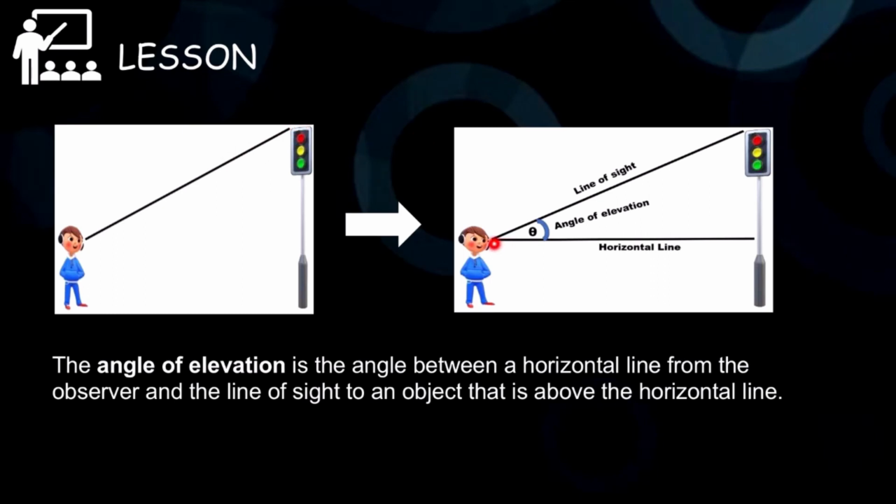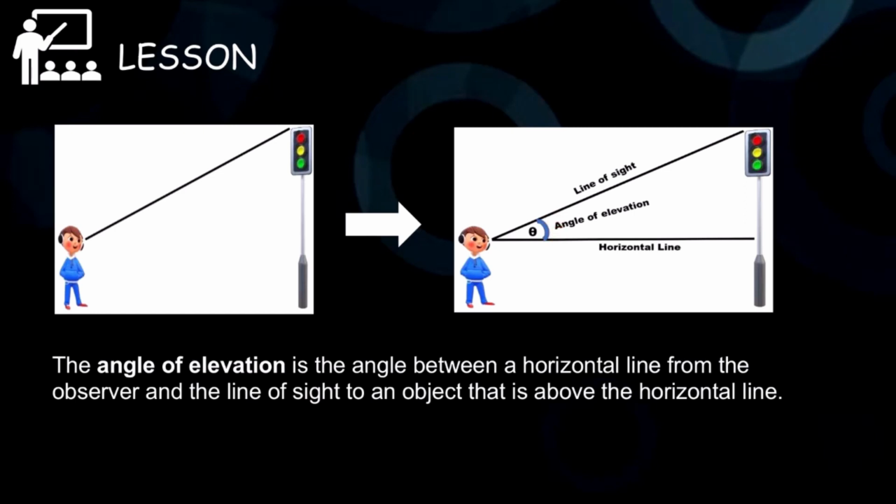Yung imaginary line po doon na diretso sa kanyang mata is called the horizontal line of sight. At yung imaginary line, yung tinitignan niya mula sa mata niya hanggang sa stoplight is called the line of sight above the observer. Ibig sabihin po, ititignan niya is mas mataas kesa sa kanya. At yung angle po na nakikreate ng dalawang line na yon is called angle of elevation.